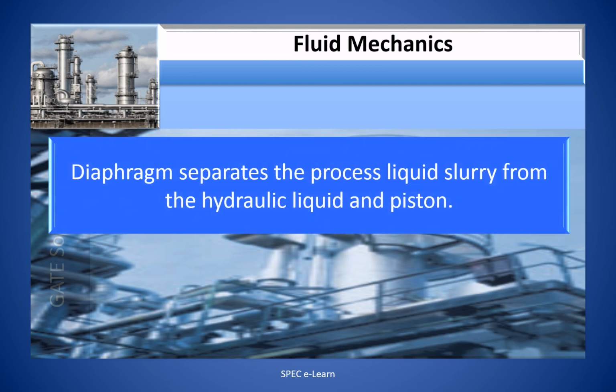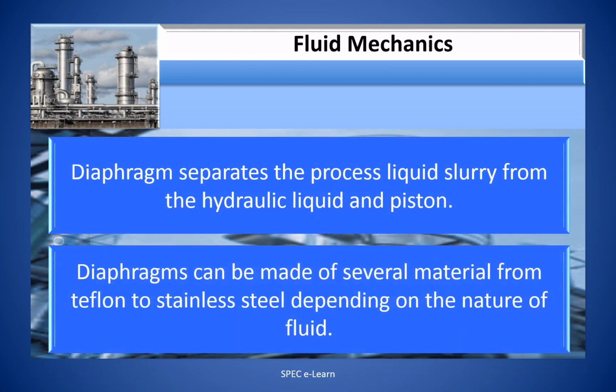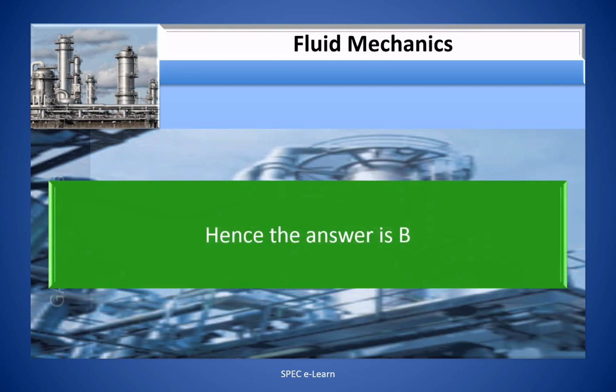Diaphragm separates the processed liquid slurry from the hydraulic fluid and piston. Diaphragms can be made of several materials from Teflon to stainless steel, depending on the nature of fluid. Hence, the answer for the question is B.